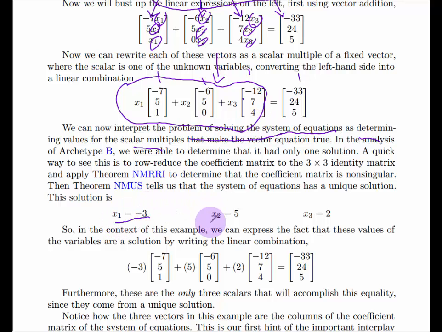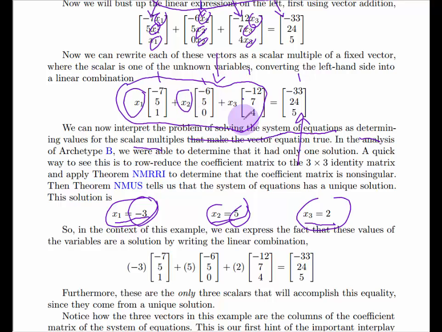Okay. Now we did find a solution for archetype B, and these will be the coefficients of the linear combination that gives us the constant vector here. Okay, so if I put this -3 in for this x1 coefficient, this 5 in for this x2 coefficient, this 2 in for x3, I'm going to get a linear combination, and you can work this out, that this linear combination yields the vector on the right-hand side.